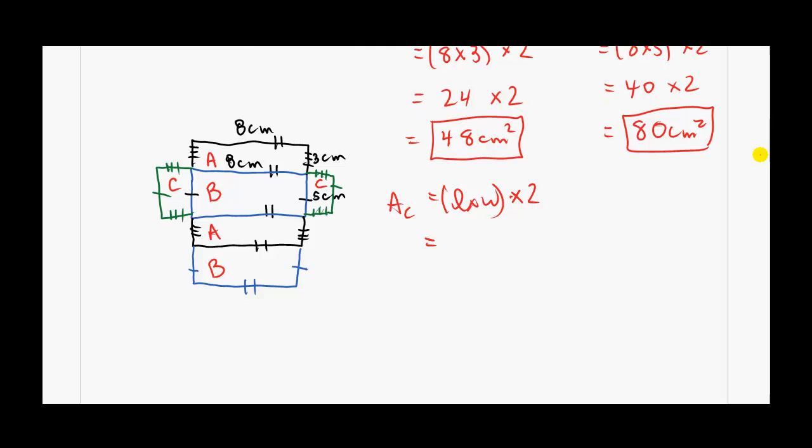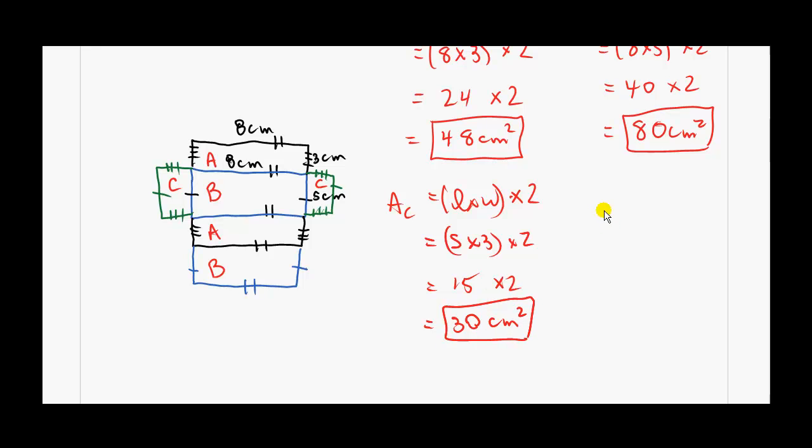Rectangle C is a 5 by 3. Five by 3 is 15. There are 2 of them, and we have 30 square centimeters.